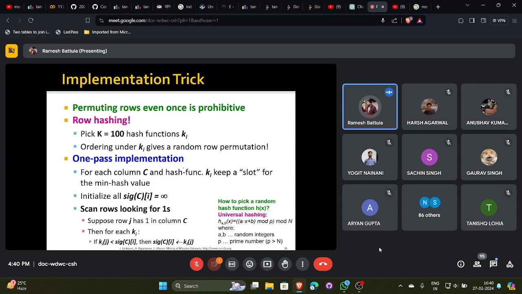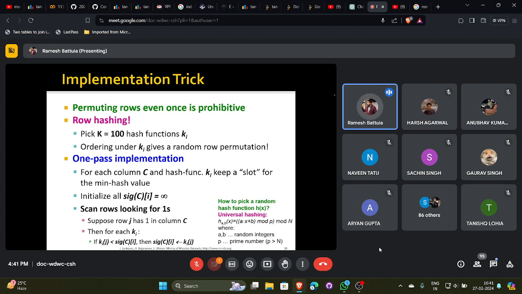Once you have computed that, for each column C and hash function k_i you keep slots for the min hash value, so you initialize signature of C of i to infinity. Scan the rows looking for ones. Once you find a row j that has 1 in column C, then for each k_i, you substitute like this: if k_i of j is less than signature of C of i, then signature of C of i becomes k_i of j.